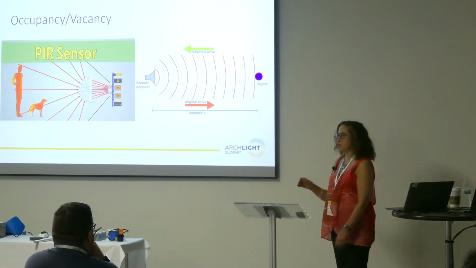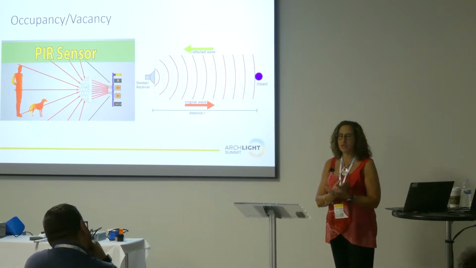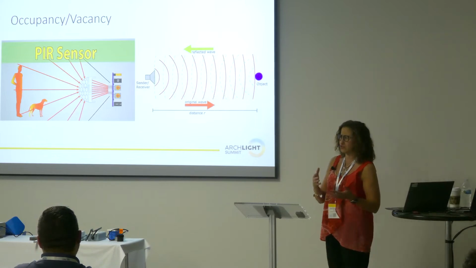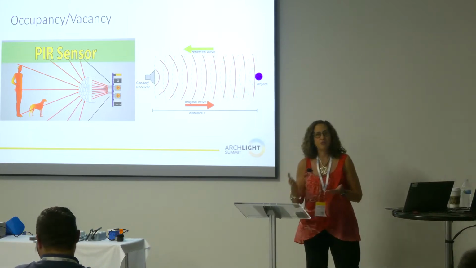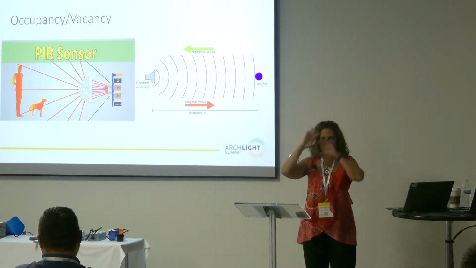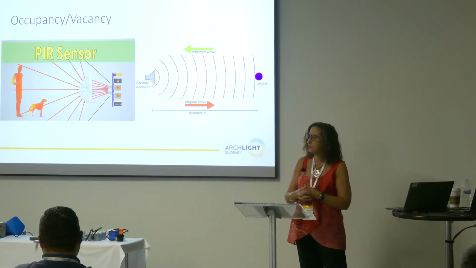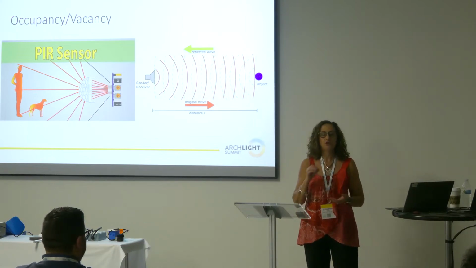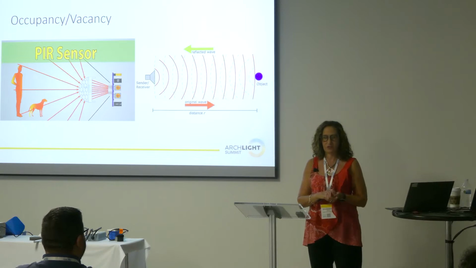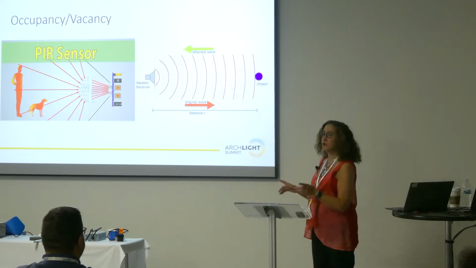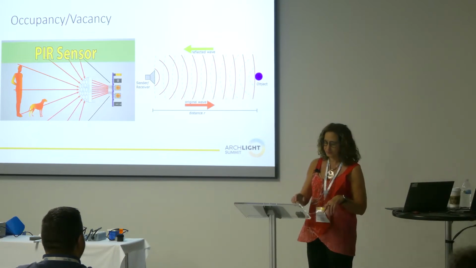Okay, so for spaces that have complicated architecture, and by complicated I mean any architecture that is other than four walls, other than the square, right, other than the cube, if you have architecture that is more complex than a cube, you need a dual technology sensor. Hands down, that's just the end of it. Any questions? Good. Okay, we're going to talk about that bathroom slot again in a minute.